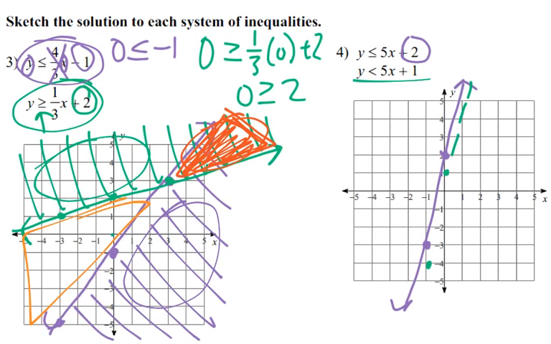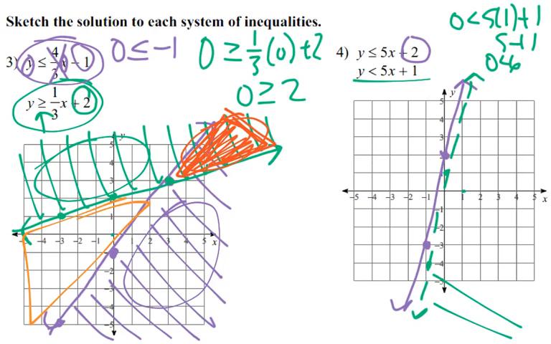It's dashed. So I've got both my lines. They're parallel, right? So now I've got to decide where to shade. Okay? So let's pick the point 0, 1, because it's a bit further away for the other one. So 0 for y, 1 for x. So 5 plus 1 is 6. Is 0 greater than 6? Yeah, so I shade this side.